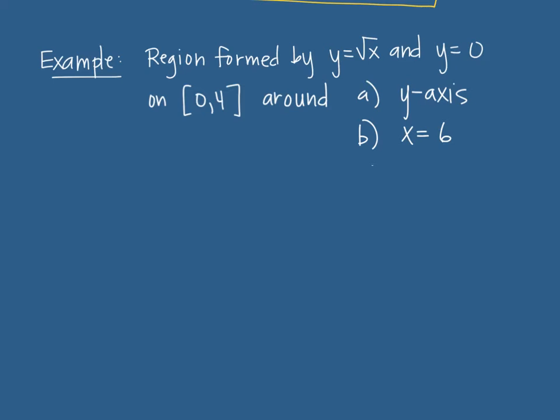All right, let's take a look at our region. The square root of x, shaped like that, from 0 to 4. So looking at x bounds, we're looking at 0 to 4. Y bounds would be 0 to 2, formed also with the x-axis.